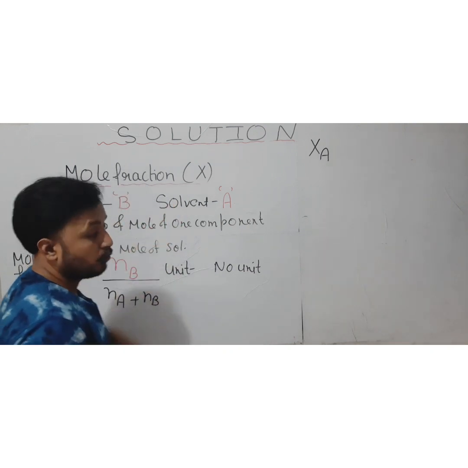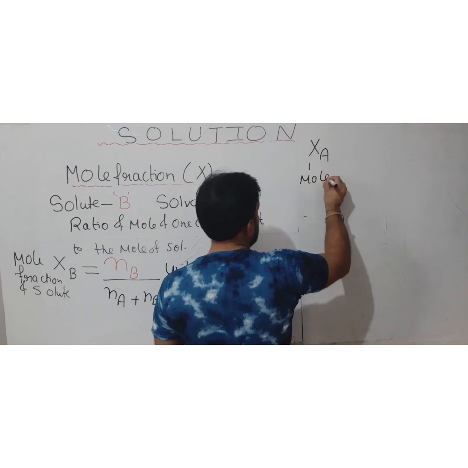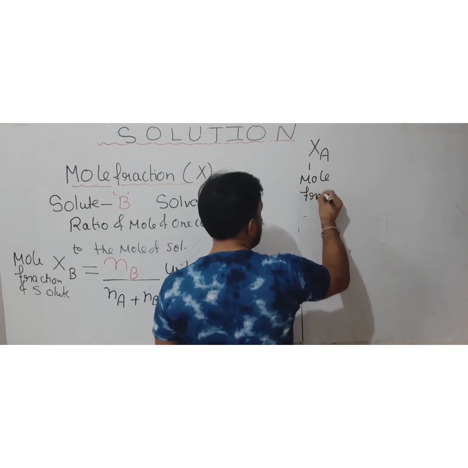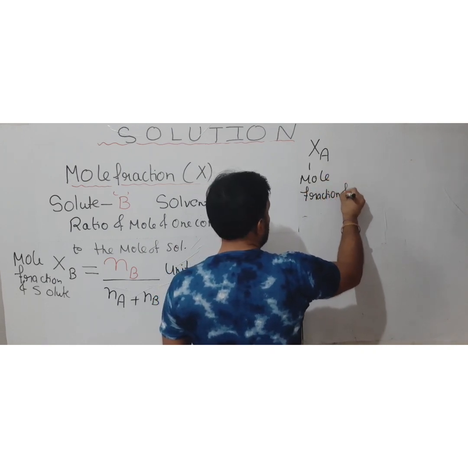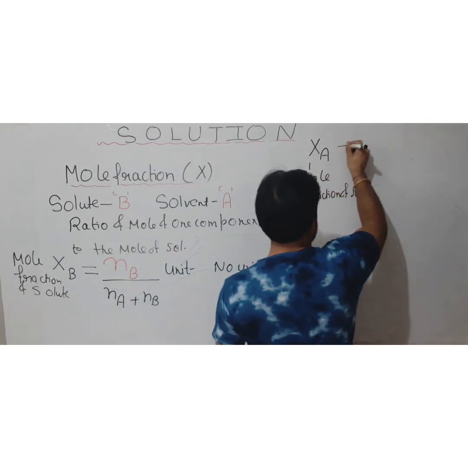A means we are using solvent. So XA means that we are talking about mole fraction of solvent, not solute, solvent. So what it will be equivalent to?